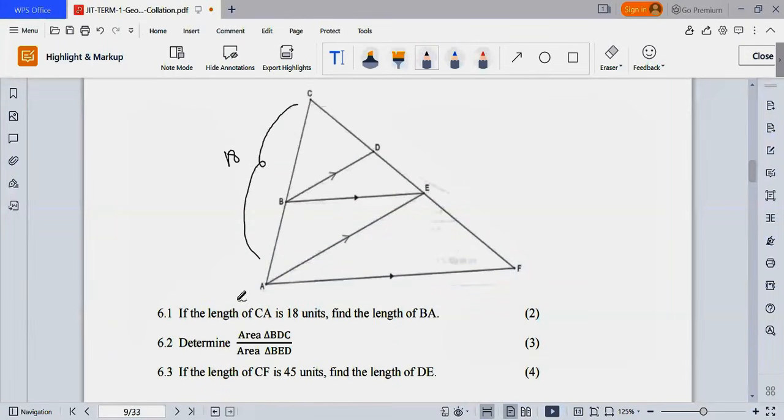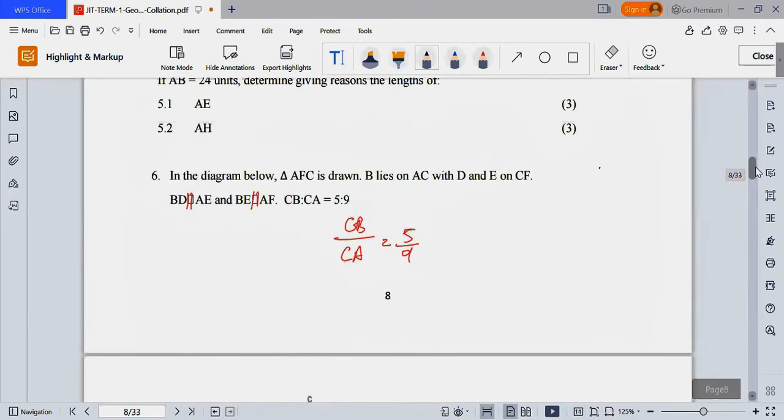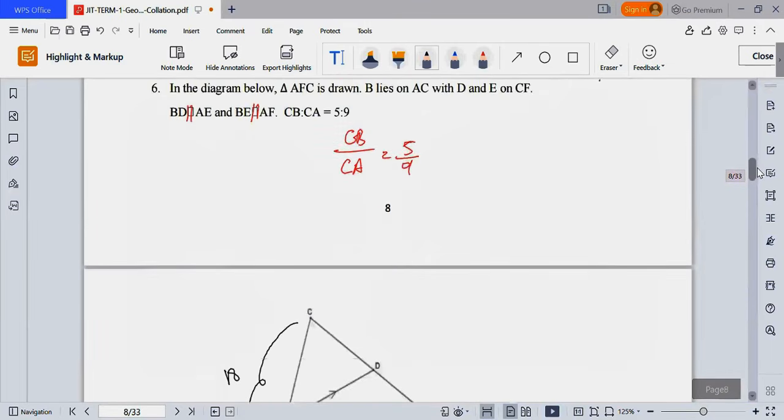Okay, and then BA, they say find the length of BA. So if all of this is 18, we must find the length for BA. So let's go back and see what we've been given. We've been given CB to CA is 5:9. So where is CB? CB is here, so we can just say this is 5K.